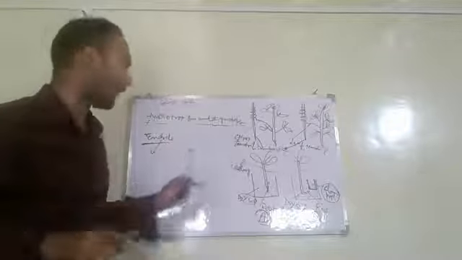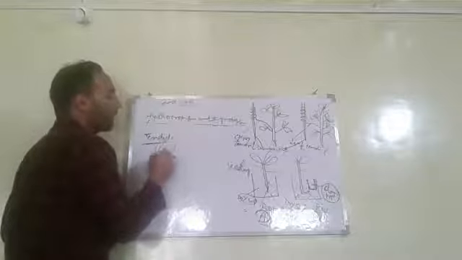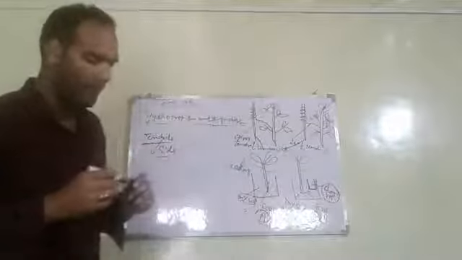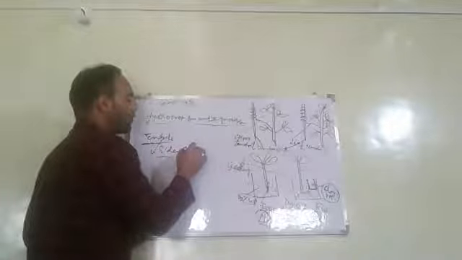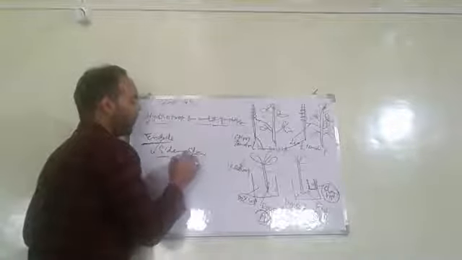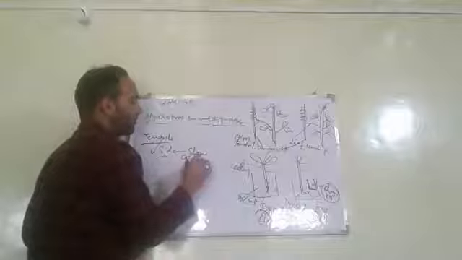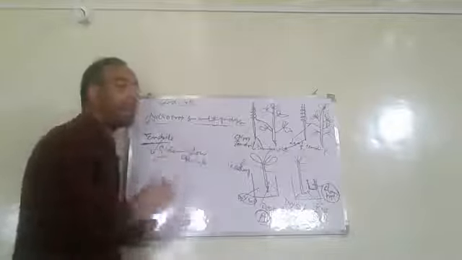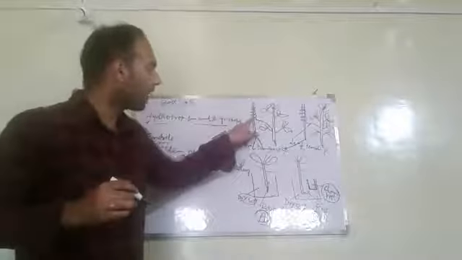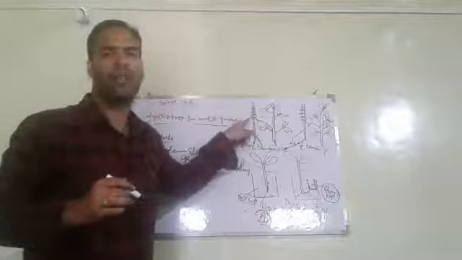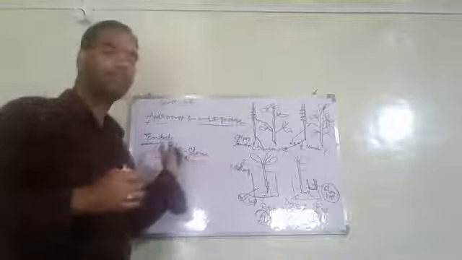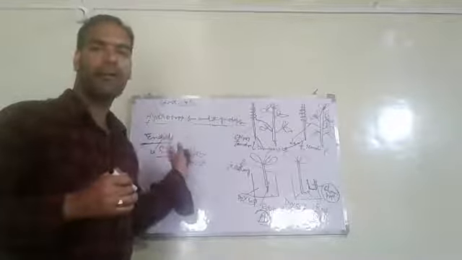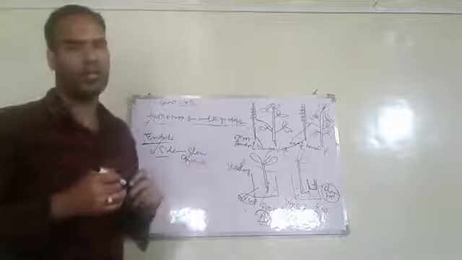The side of tendril which is in contact with this solid support, with this bamboo stick, shows slower growth than the other side which is away from this solid support or solid object.